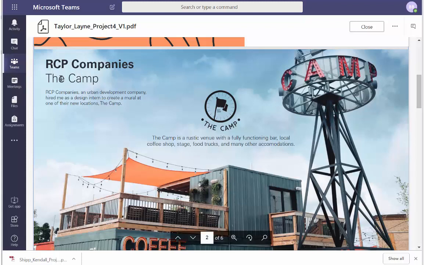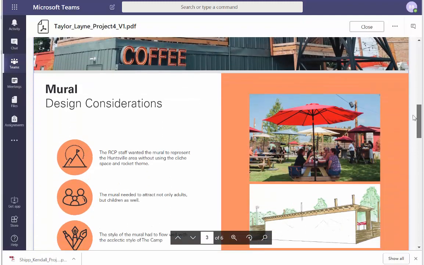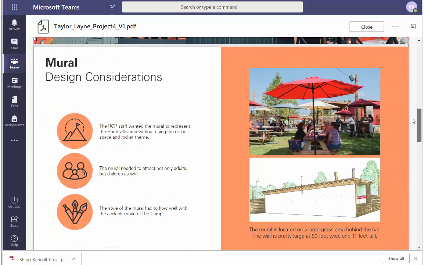I might take the camp out because you tell me what the camp is here. So RCP companies, move that up a little bit. Looks like fun. Well, murals are typically big.